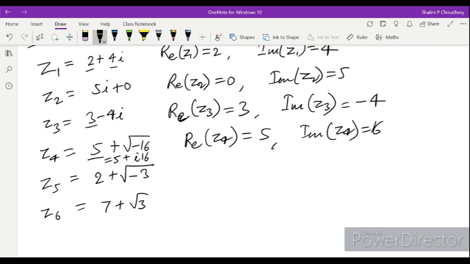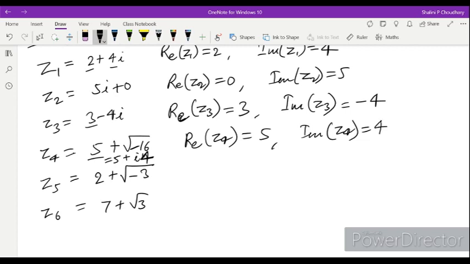Why? Because we took square root of minus 16, so square root of 16 will be 4, and square root of minus 1 will be i.